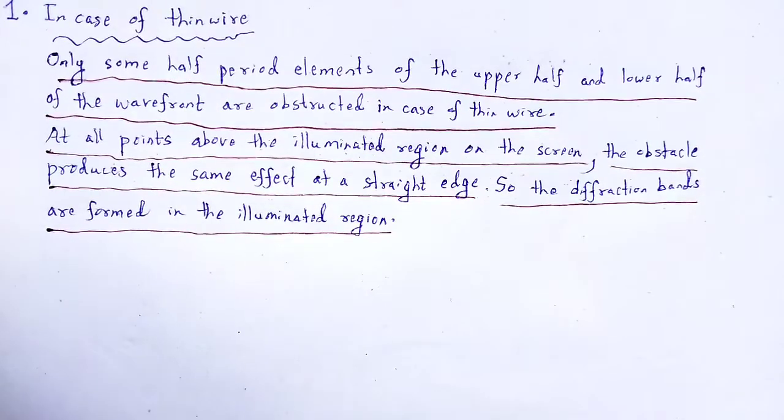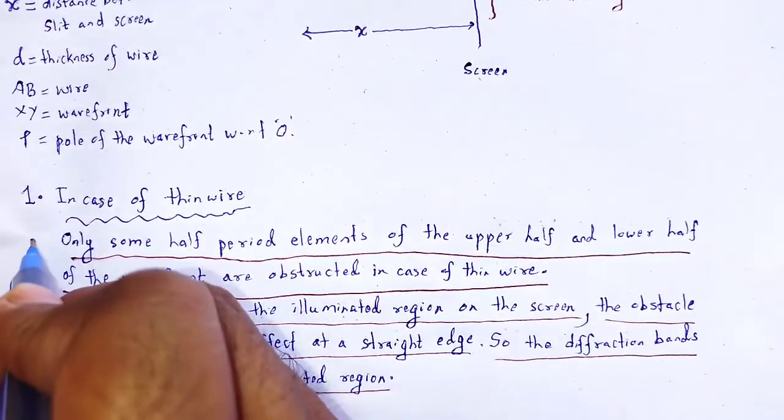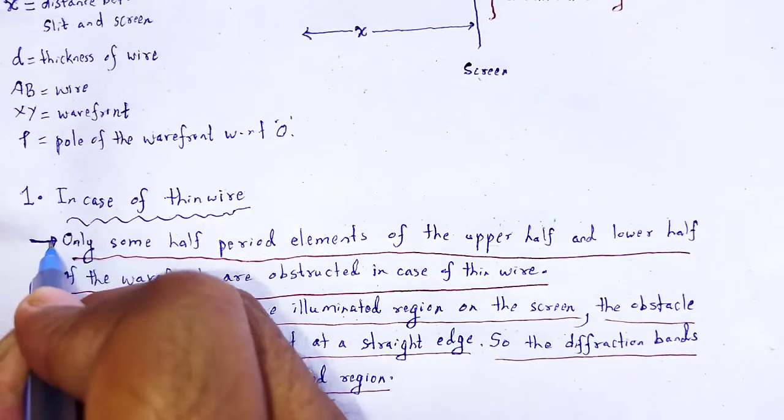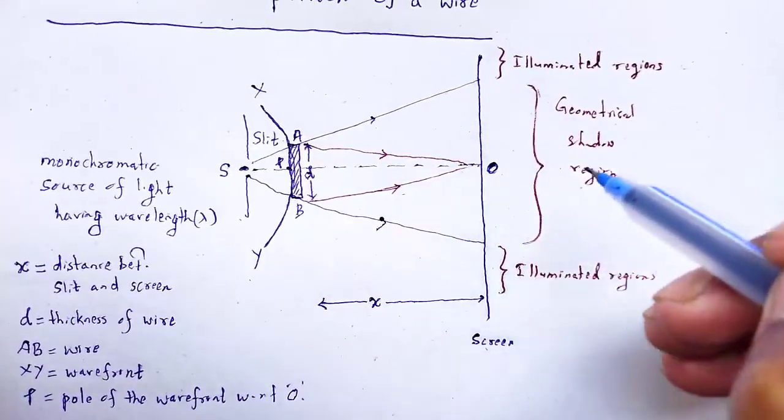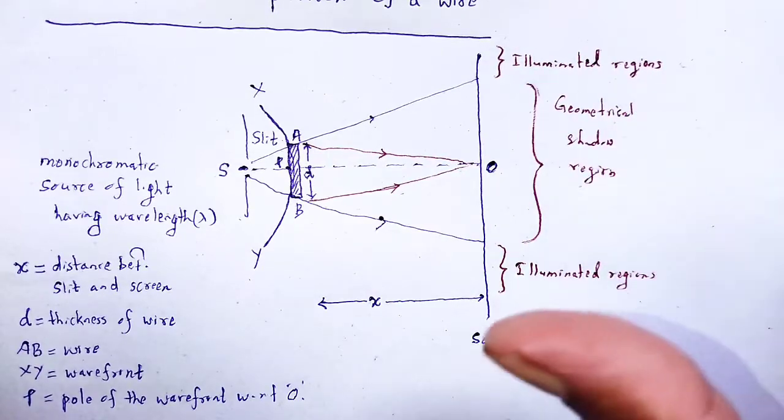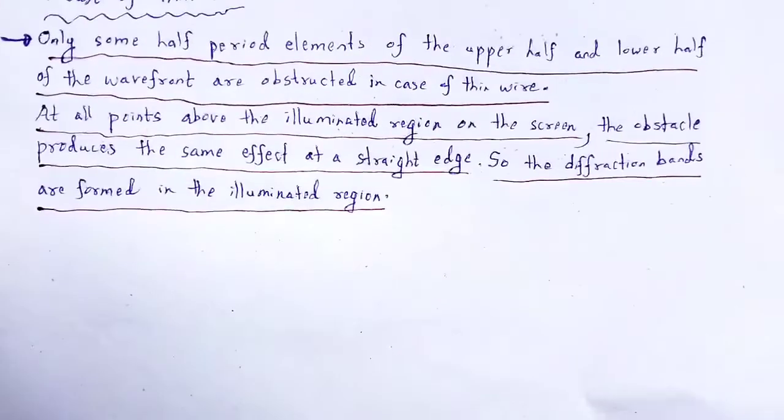Next point, we also obtain the interference pattern inside the geometrical shadow region.